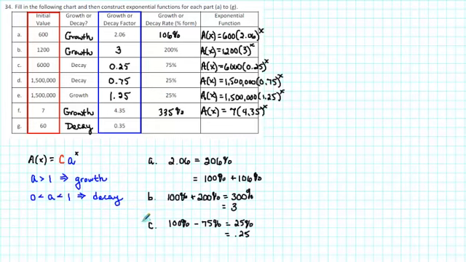Well, if 35% remains, that means that 65% decayed. So the decay rate is 65%, and the exponential function is a of x is equal to our initial value of 60 times the decay factor 0.35 raised to the x.